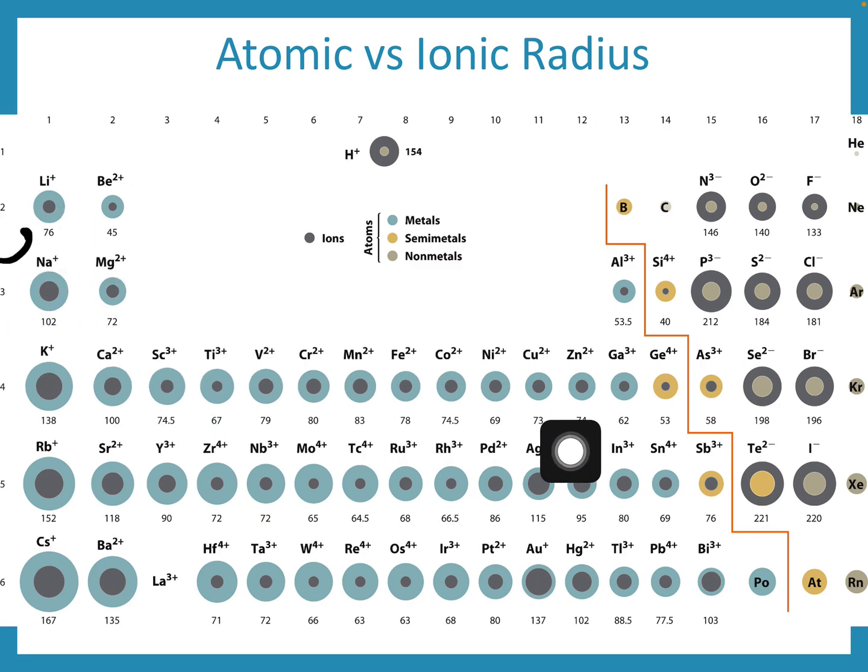So that's true for all the metals here, as we can see. And then as we look over at the non-metals, where these are going to be gaining electrons. So once again, the gray is the ion, and then that lighter brownish gray is the atom size. So over here, as we gain electrons, we're not increasing the number of protons to increase the charge from the nucleus, but we are adding more electrons in.